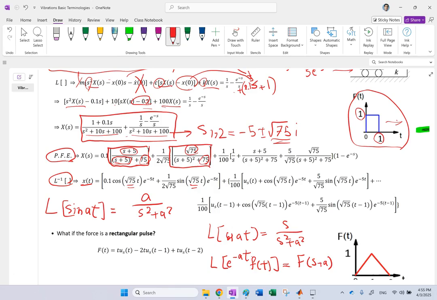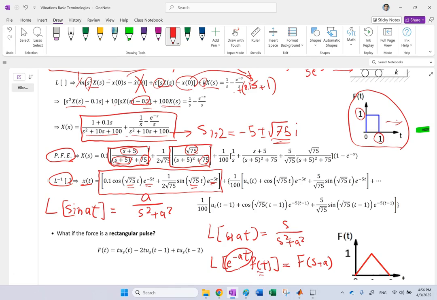Okay, so clearly because it's s plus 5, it means that although you will have sine and cosine, an exponential of negative 5t should be multiplied by them. Therefore, you have decayed sine and cosine, basically underdamped response. So here, this portion of your solution is the underdamped response, and it's the result of what?